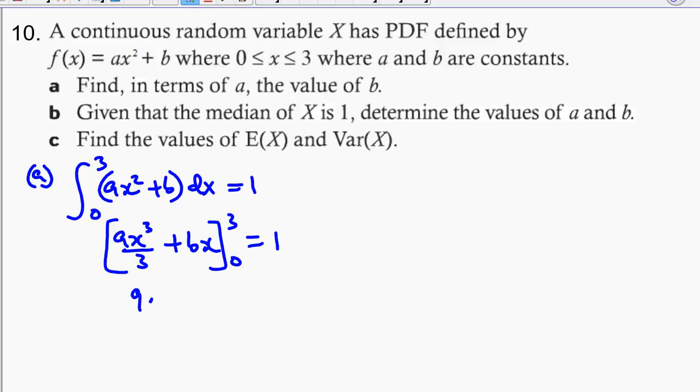So 9a plus 3b is equal to 1. So b is equal to 1 minus 9a, all over 3. So that's part A.